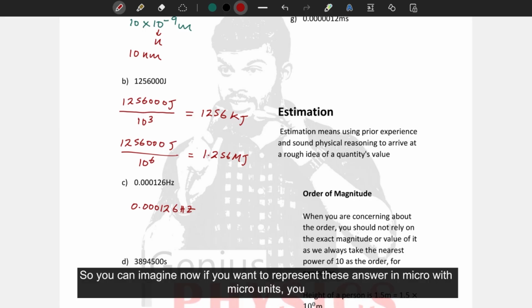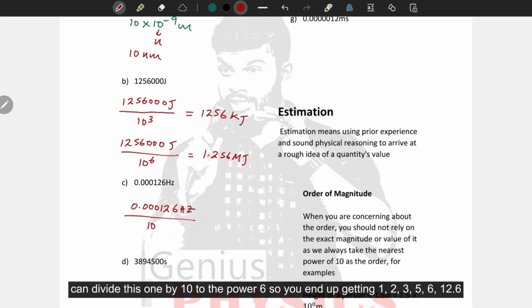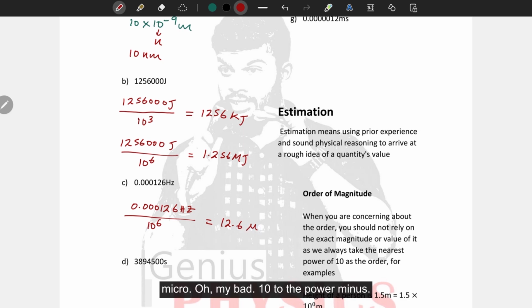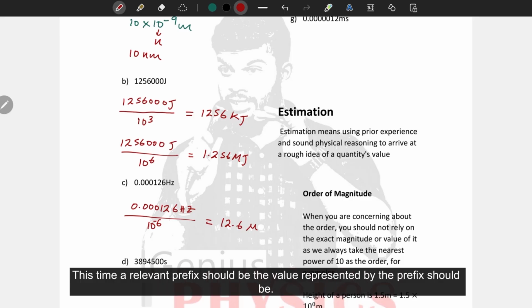So if you want to represent this answer with micro units, you can divide this one by 10 to the power 6. Oh, my bad. 10 to the power minus 6, sorry, as this value should be minus this time.